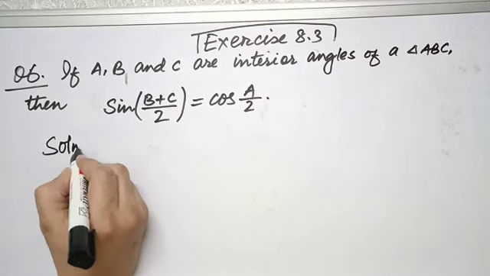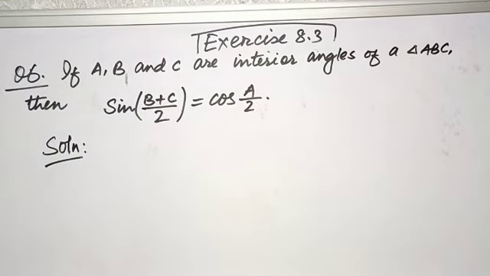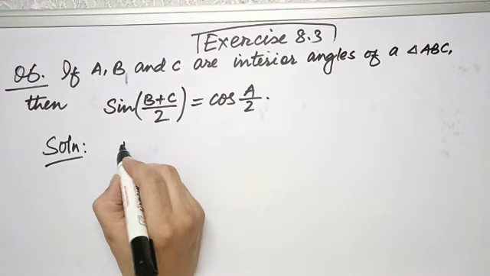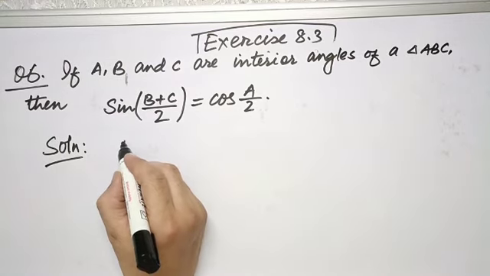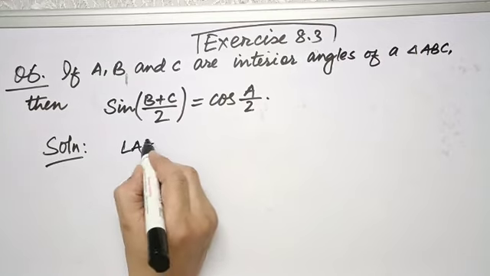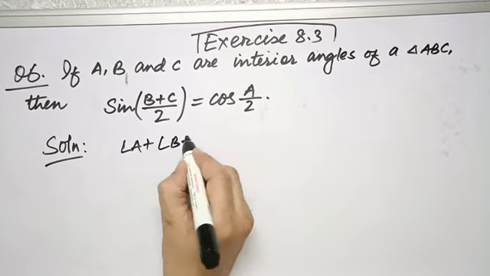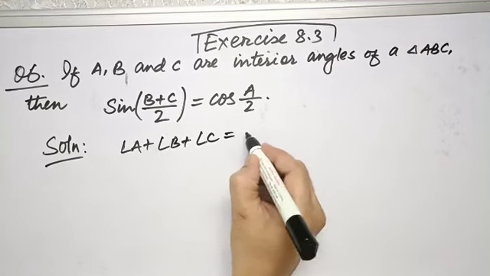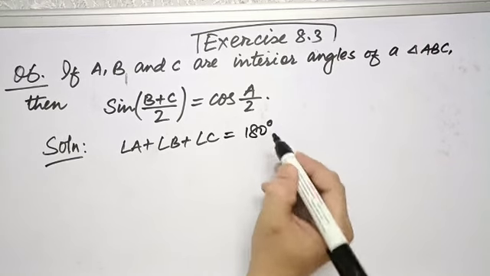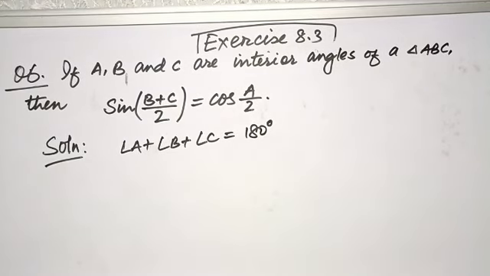Now we know that in a triangle the sum of three angles is equal to 180 degree. Suppose I write it in short form, A plus B plus C equal to 180 degree. This is the practice we generally use, right?